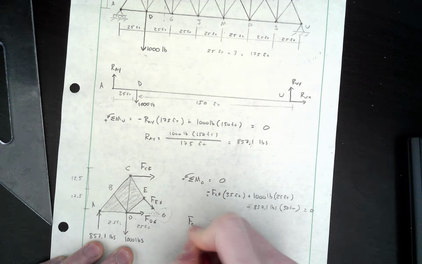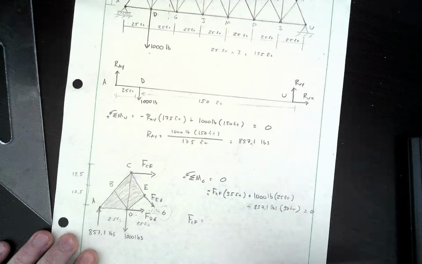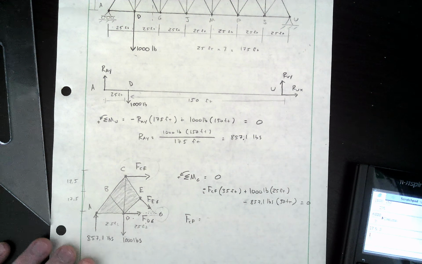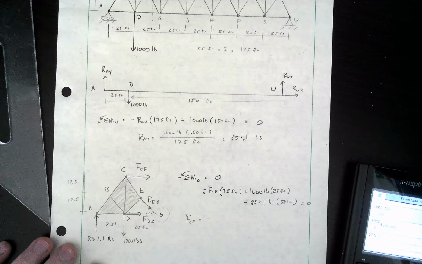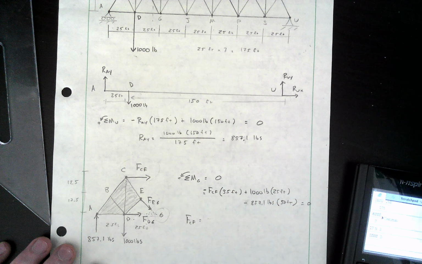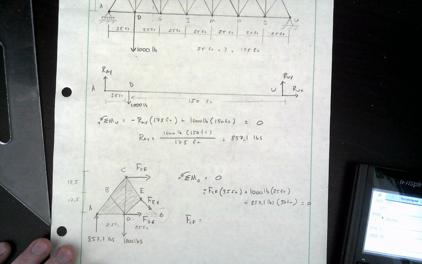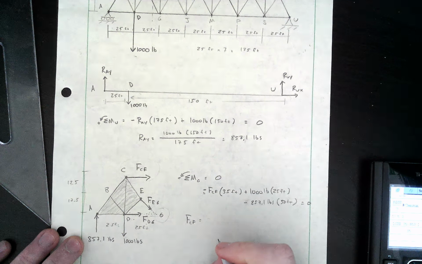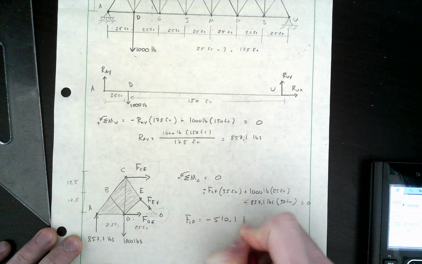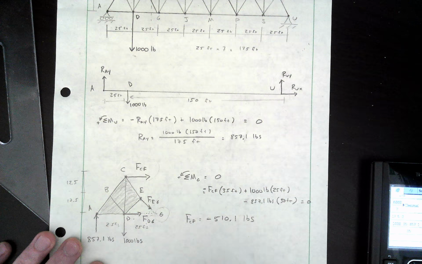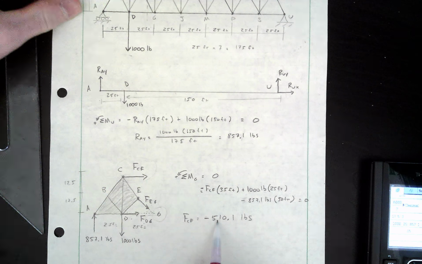And if we solve for FCF, so we're moving FCF over, we see that we get negative 510.1 pounds.